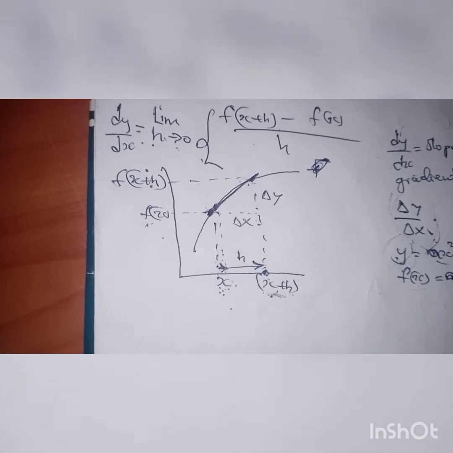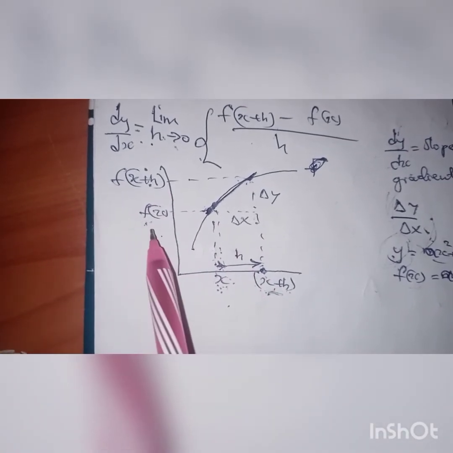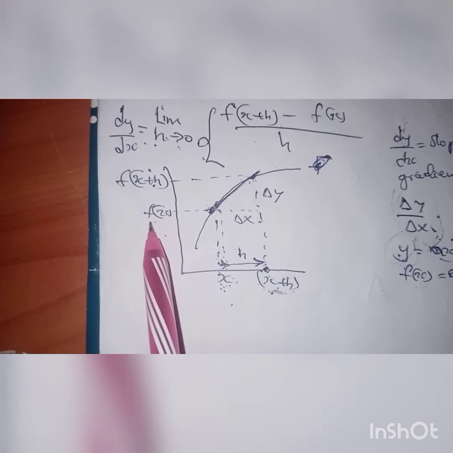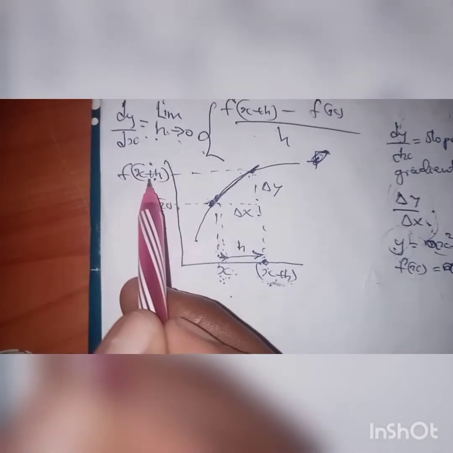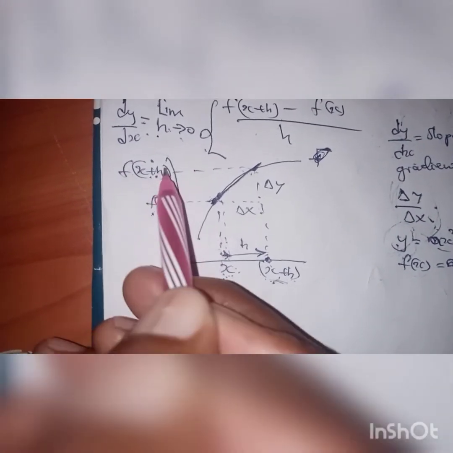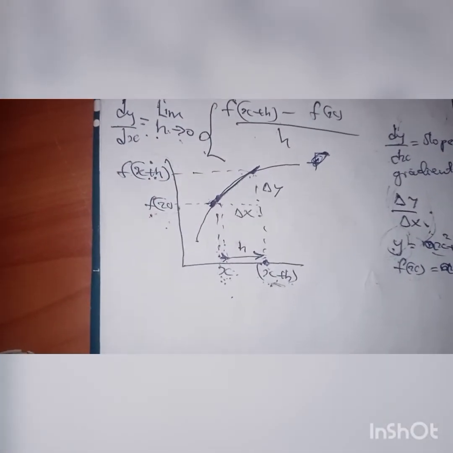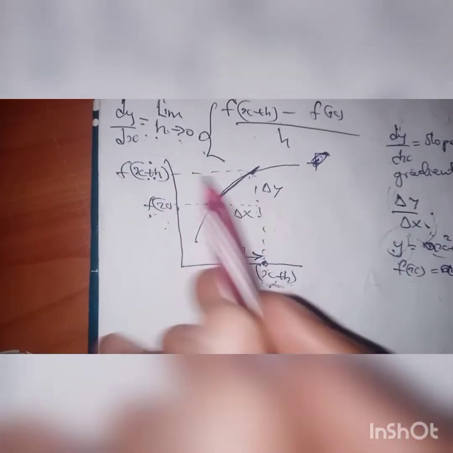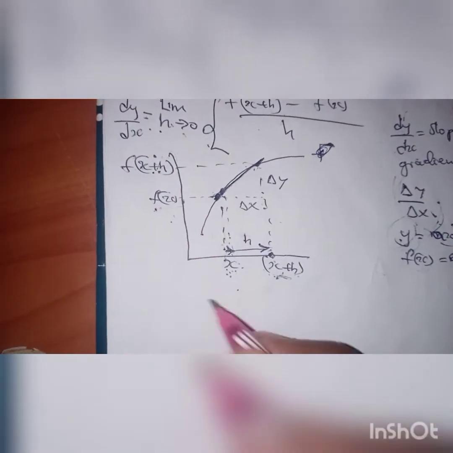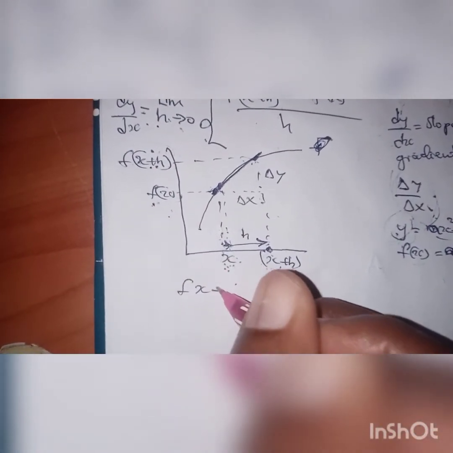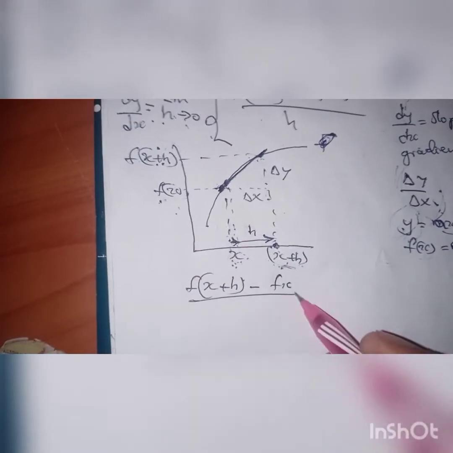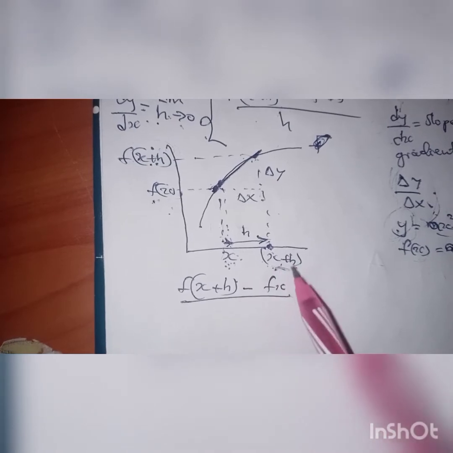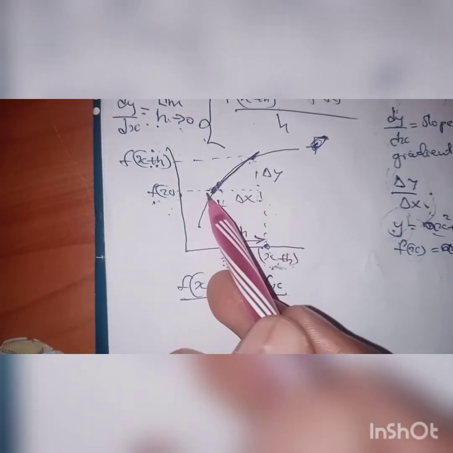Since y1 is here and y2 is here, and this one seems to be greater, let's call this one y2. Therefore, the change in y, taking y2 minus y1, is just the function of x plus h minus the function of x, all over the change in x.